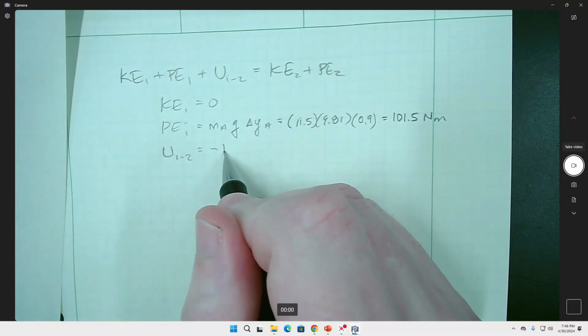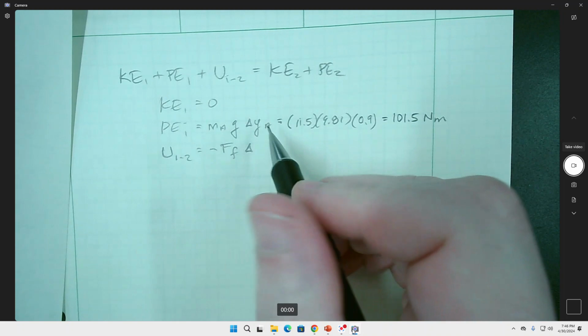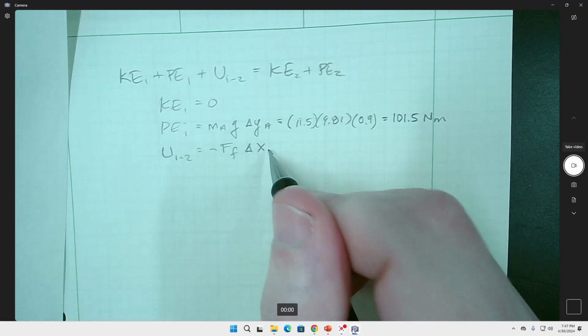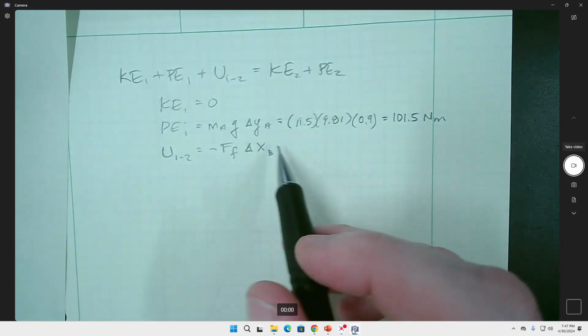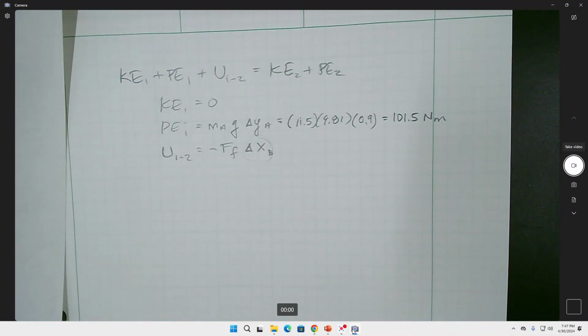So you got negative friction force, and then you're going to go the delta travel of B. And so you have to figure out how much B is going to travel. So maybe we want to try to figure that out to the side. That is essentially kinematics, right?